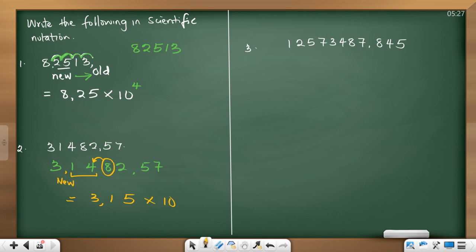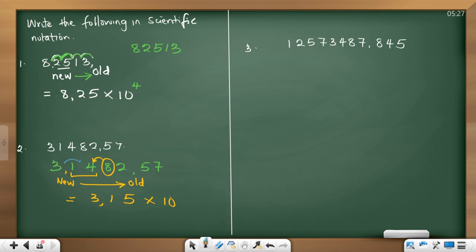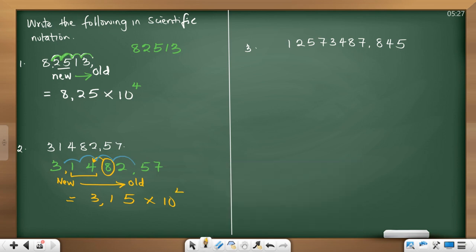This is my new, and that's my old. We're moving from the new to the old. How many jumps do I need? 1, 2, 3, 4. So times 10 to the power 4, from the new to the old.